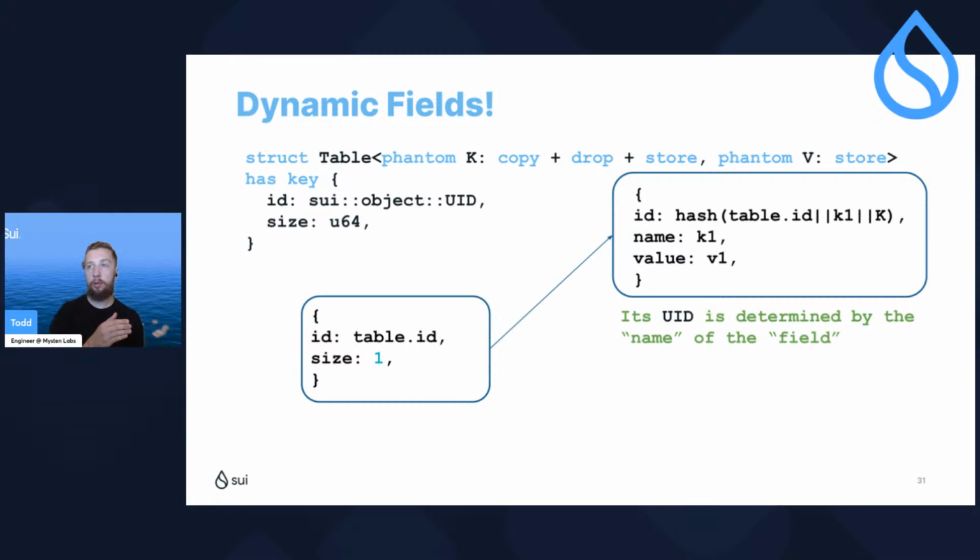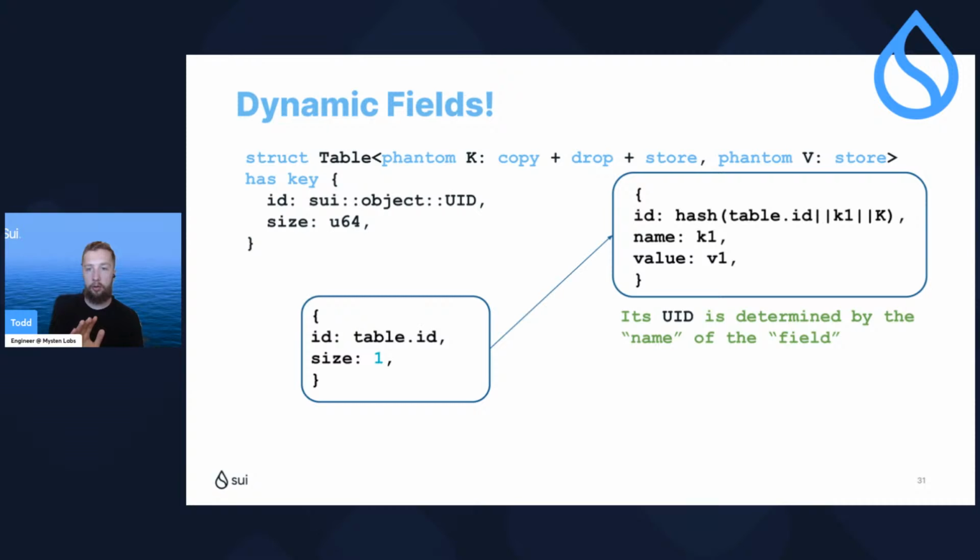Where a normal object's ID is based off of the transaction digest, normally when we make a new object, we take the transaction digest and hash it with whatever count we have for that object. Each time you increment a count, that's how many objects we made, so you just get a new, incrementing object ID throughout the transaction.